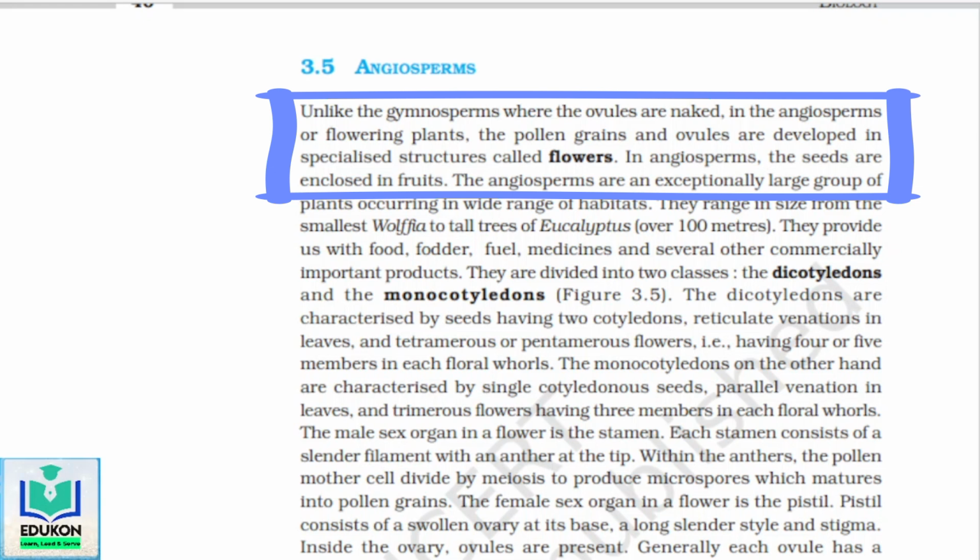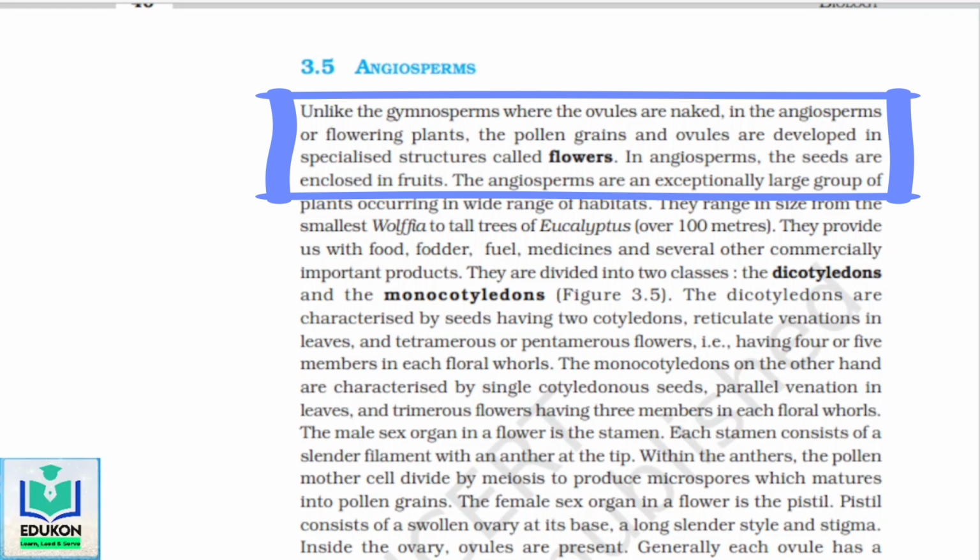So here, the difference between gymnosperms and angiosperms is that in angiosperms there is a specialized structure called a flower, whereas in gymnosperms the ovules are naked.